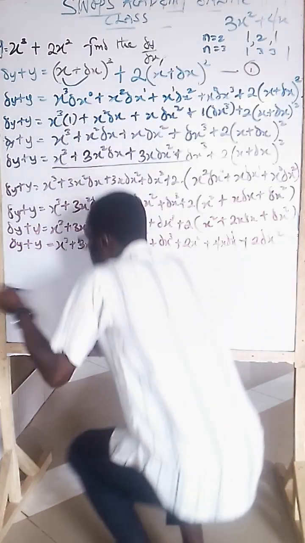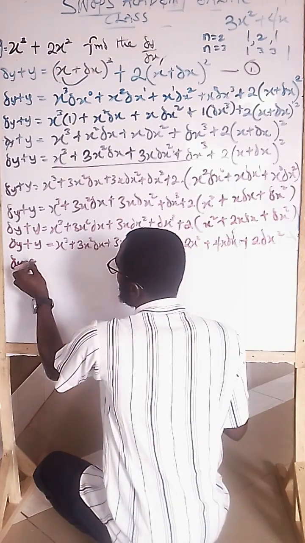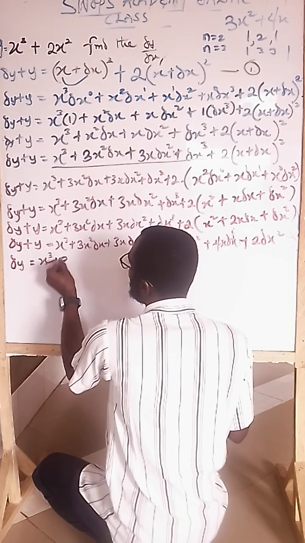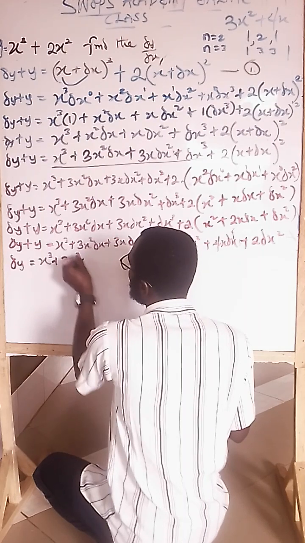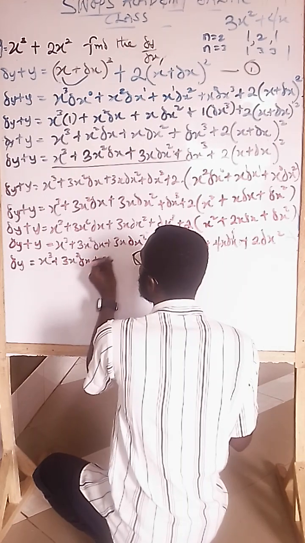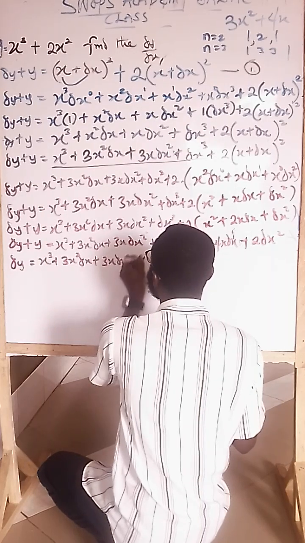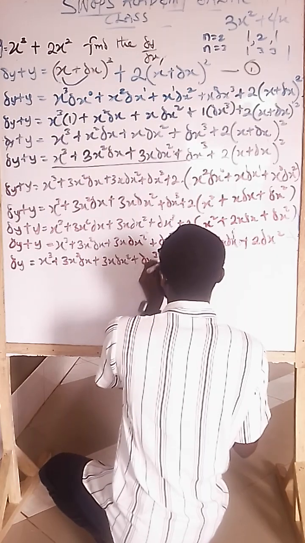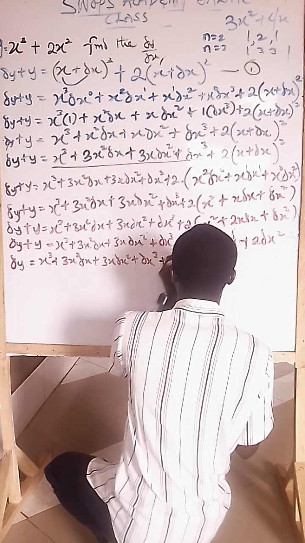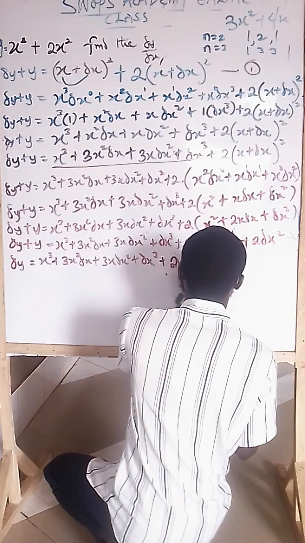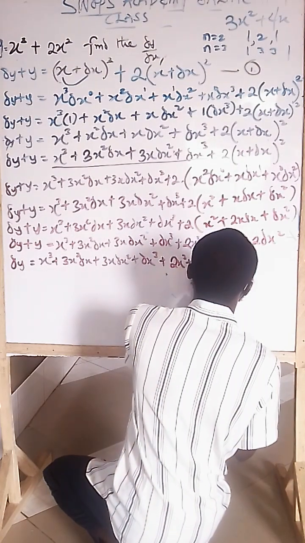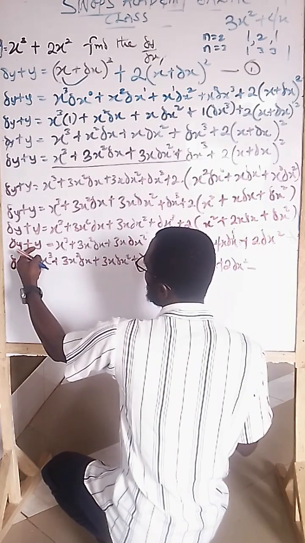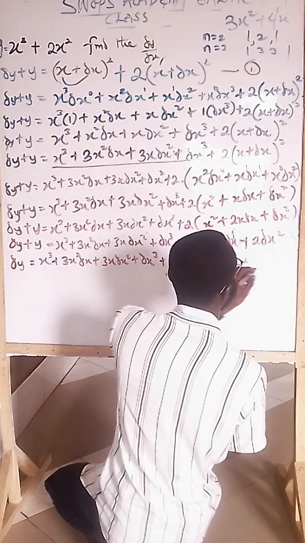It will now be dy equals s cubed plus 3s squared ds plus 3s ds squared plus ds cubed plus 2s squared plus 4s dx plus 2 ds squared. Minus: when plus y crosses the equality sign, it changes to minus y.